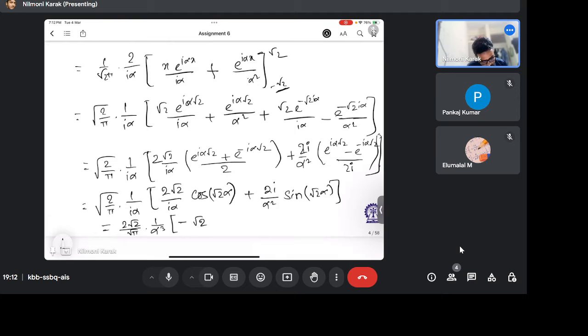Root 2 and 2 are also there outside, and alpha, because you are multiplying alpha cube in denominator and numerator.